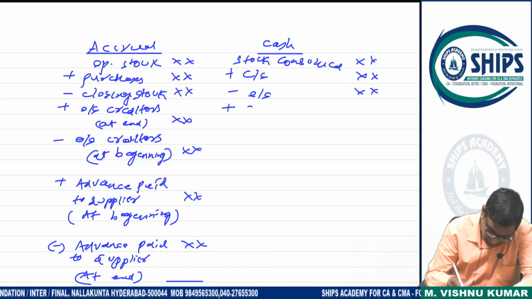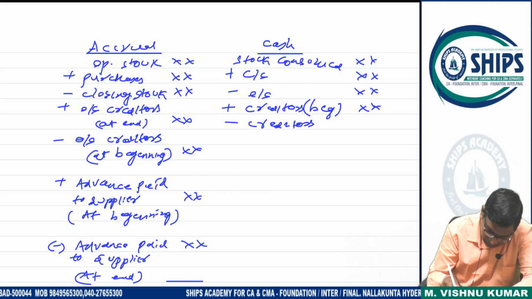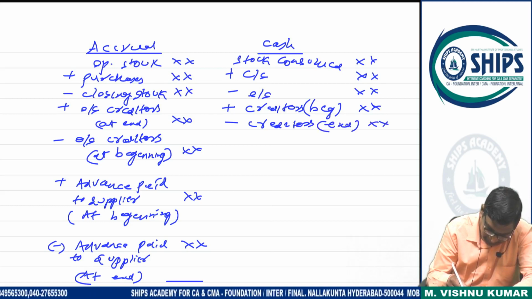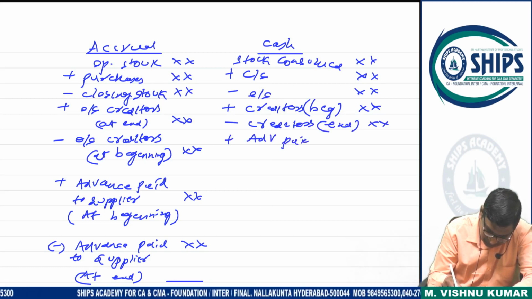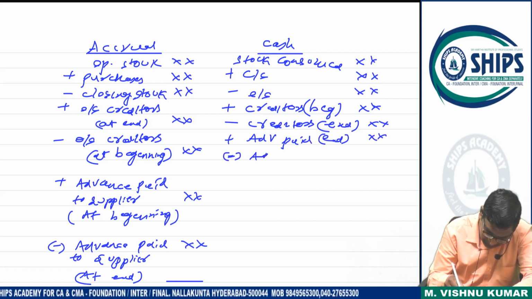Creditors at beginning of the year will be plus. End of the year will be minus. Then advance payment end will be plus, beginning will be minus.